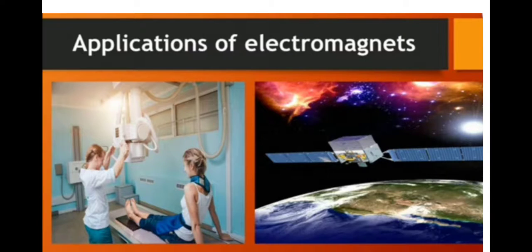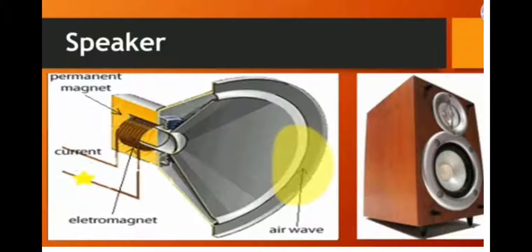Next, we move on to applications of electromagnets. Let us see the three applications of electromagnets. Speaker. Inside the speaker, an electromagnet is placed in front of a permanent magnet. The permanent magnet is fixed firmly in position, whereas the electromagnet is mobile.